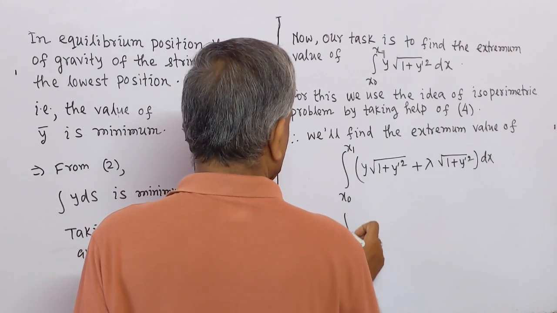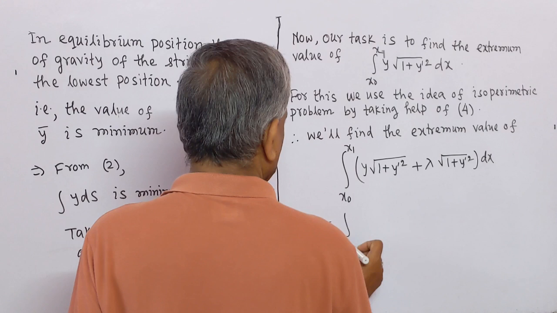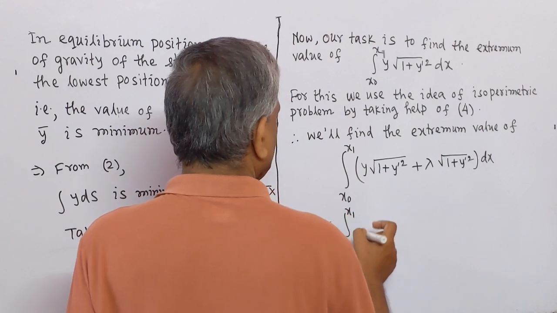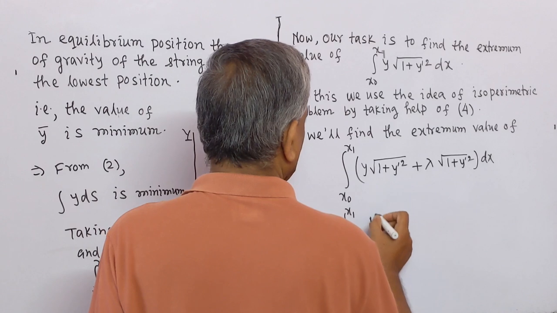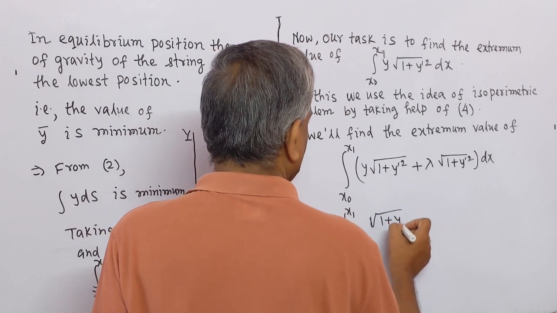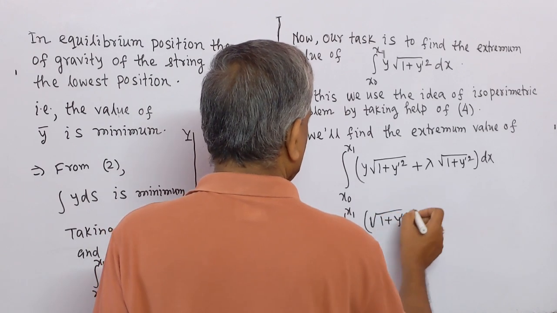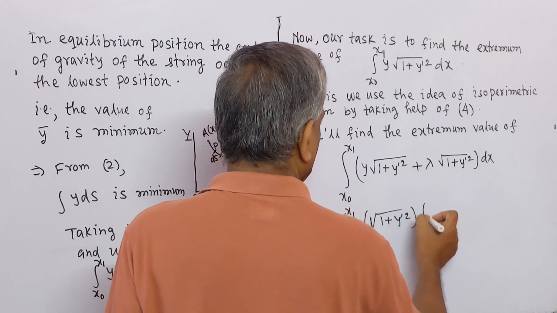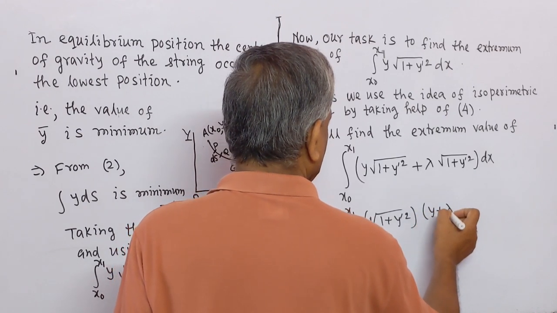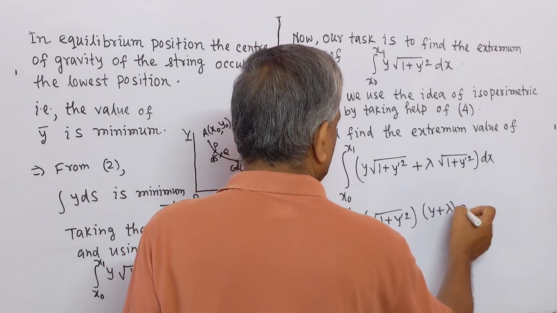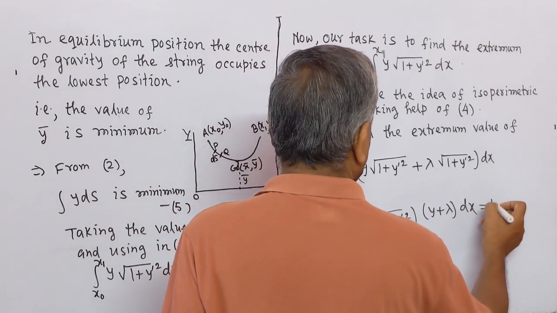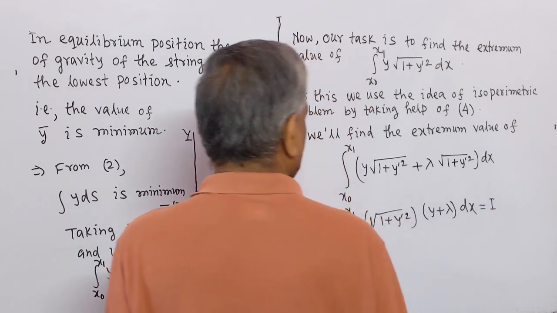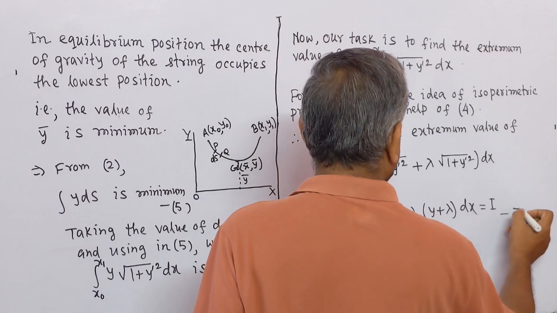This will be equal to integration limit x naught to x1. We take common square root 1 plus y prime square. Here remains y, here remains lambda, dx. Let this is I, this is number 7.